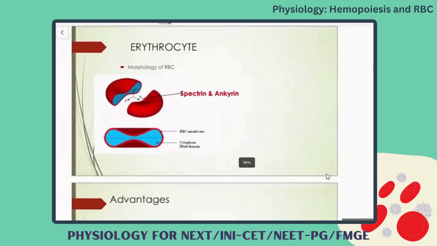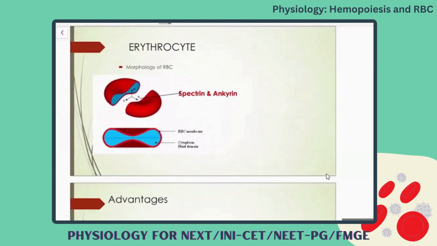And now coming to the erythrocytes, which are also called RBC, the red blood cells. This is the shape of the erythrocytes. It is either disc shaped or biconcave shaped. When you do the cross section, you will see the biconcave shape.